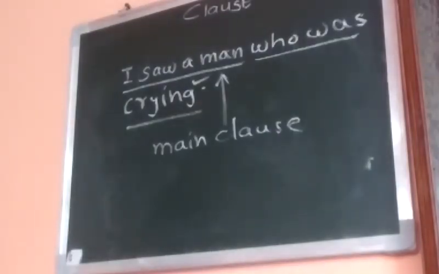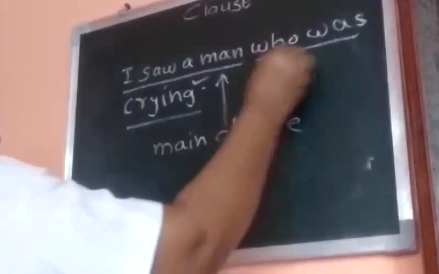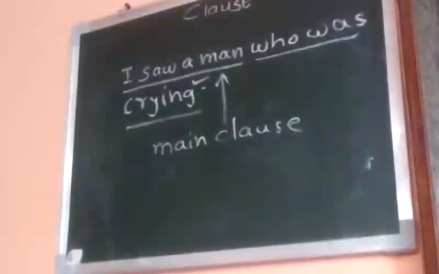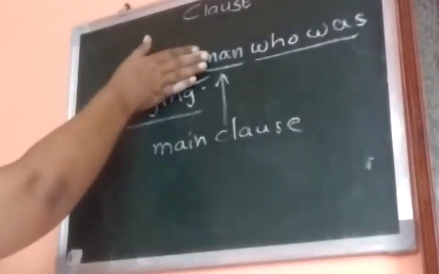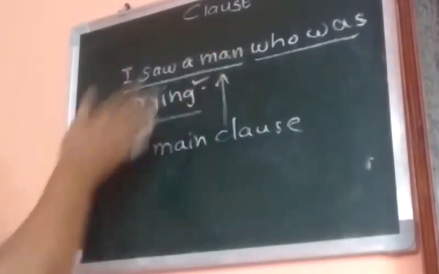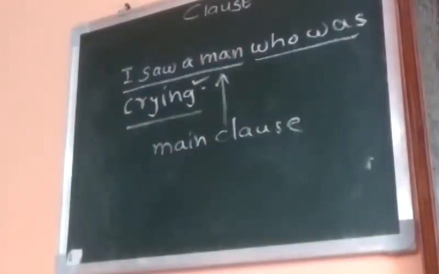On the other hand, the second clause, who was crying, does not give a complete meaning and cannot stand alone. If we remove I saw a man, who was crying does not give us complete meaning, or it cannot stand as a complete sentence.